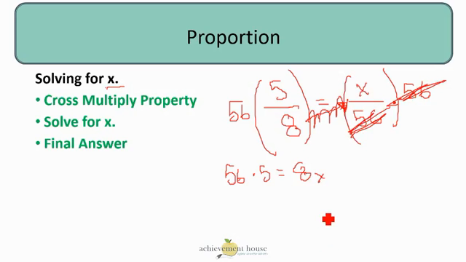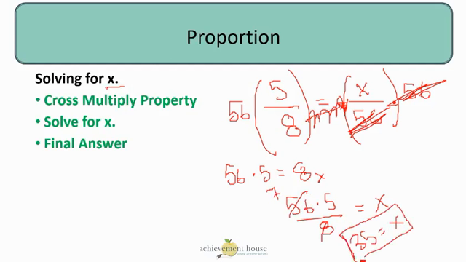So, essentially, I'm going to have 56 times 5 divided by 8 equals my x. 56 divided by 8, and we get 7. And so 7 times 5 is going to be 35. So x equals 35. So if I'm making 56 total cups of cookie dough, I would need 35 cups of sugar in order to keep the ratio the same, and therefore have a proportional recipe.